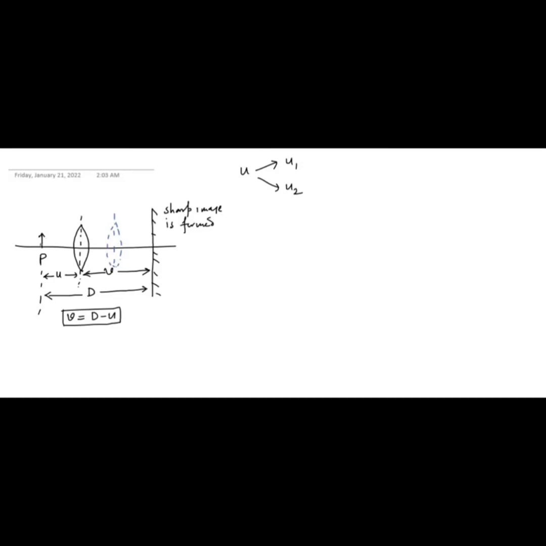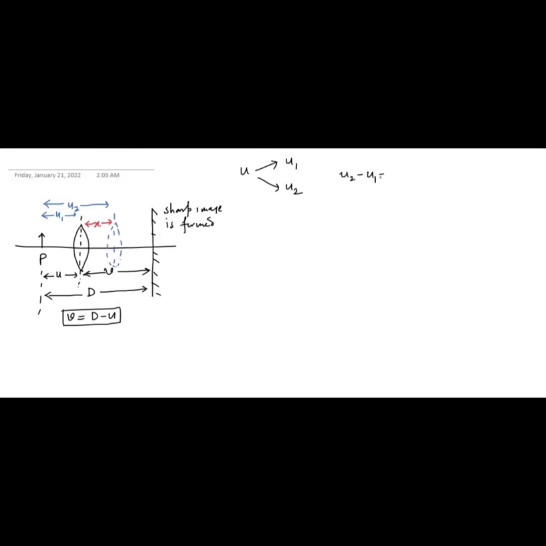If this is u1, then this must be u2. And what is this gap? To find the second position, if I need to shift this lens by x along this axis, then we can say u2 minus u1 is equal to x.